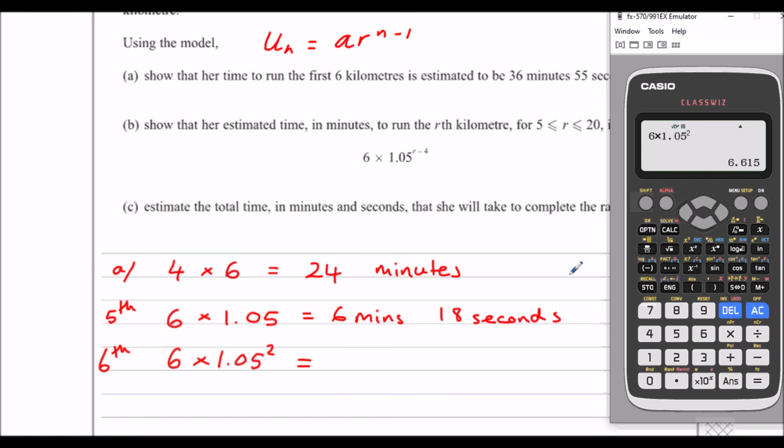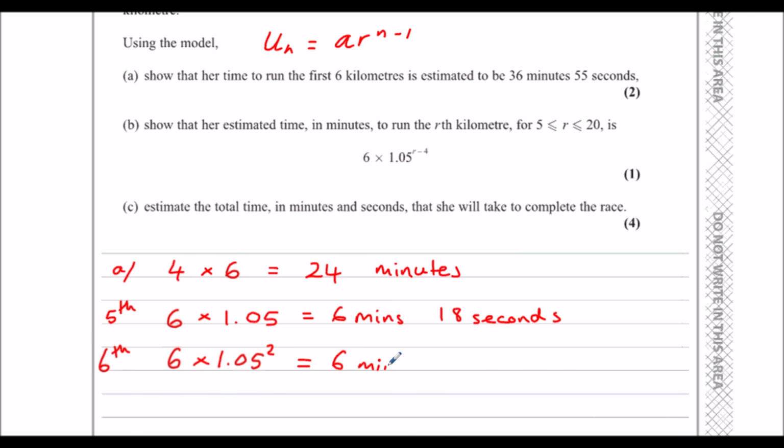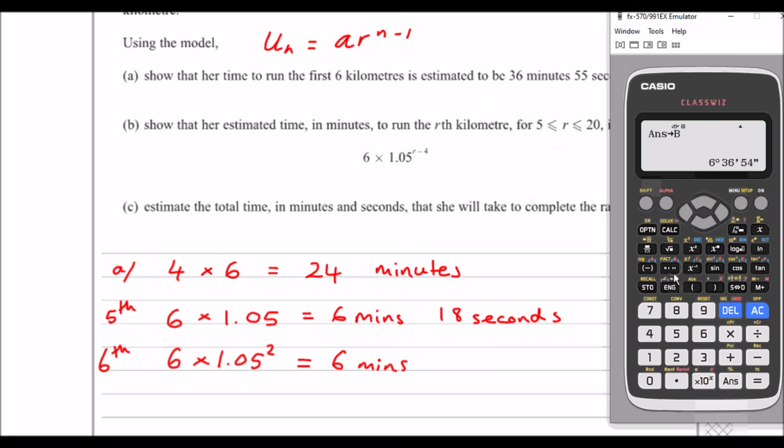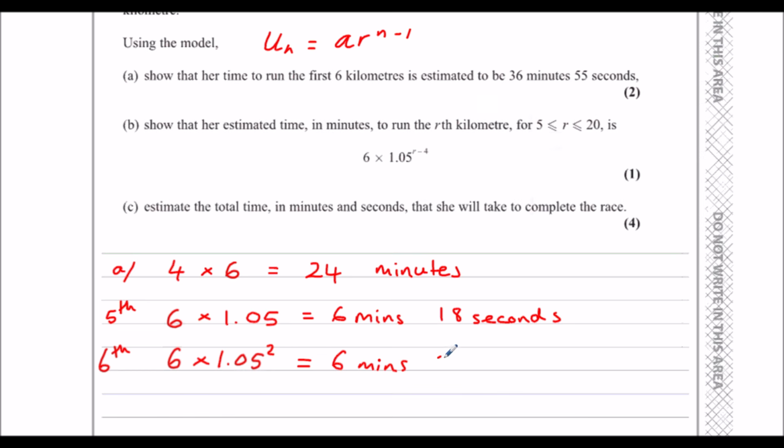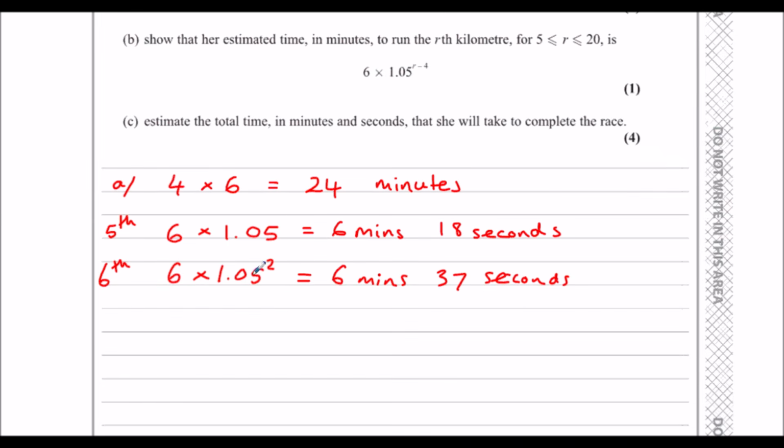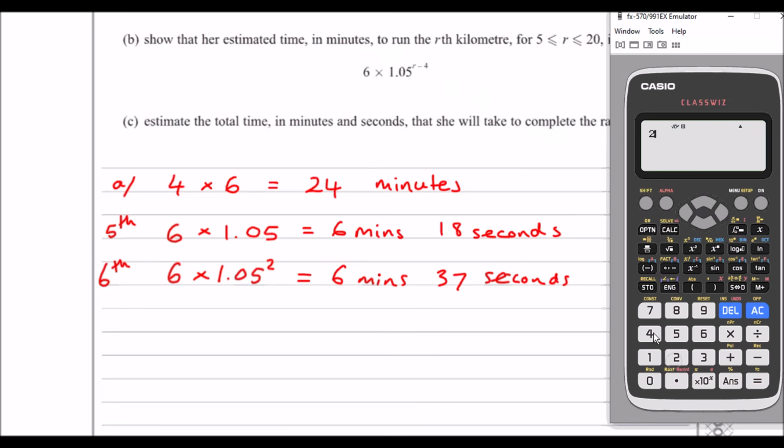So adding on 5% twice, we've got 6.615, and that's 6 minutes and 37 seconds to the nearest second. I'll store that as B. So if we add them all up, 24 plus our 2 previous answers, which I've saved as A and B, we've got 36.915.